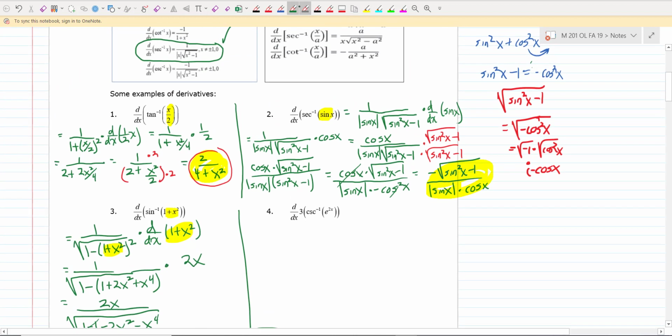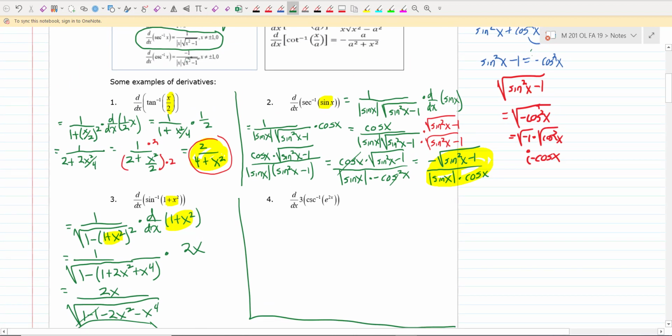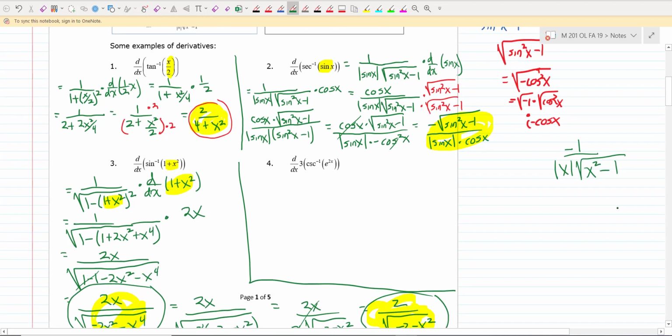So the last one's the inverse cosecant, which is negative 1 over the absolute value of x times the square root of x squared minus 1, the general formula for the derivative of an inverse cosecant. You do have a constant multiplied by that function, and you are going to use a chain rule because you have an inverse cosecant of another function, so you have a composition of functions. So you're going to have 3 times, and then just do exactly what the formula tells you to do.